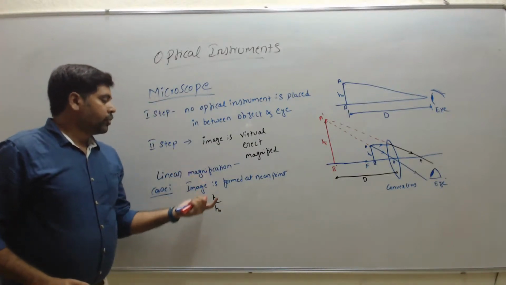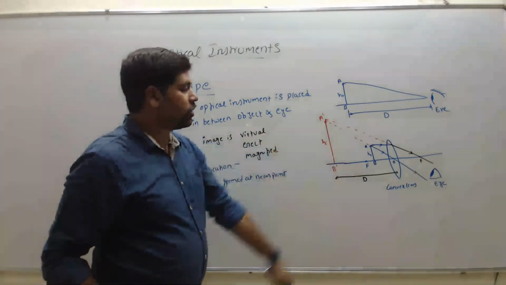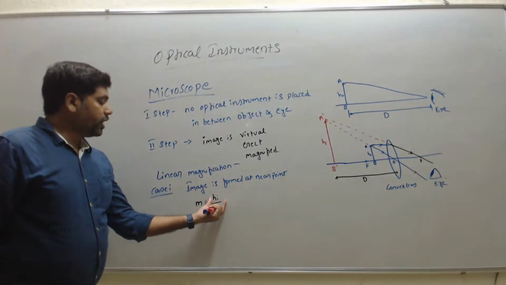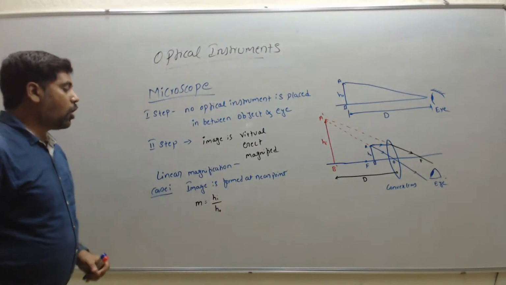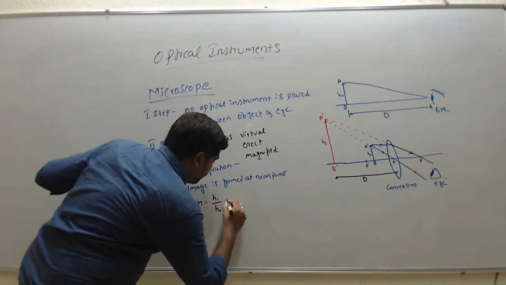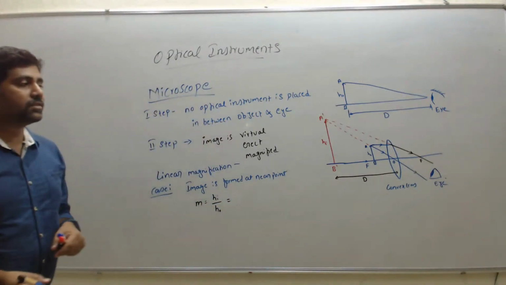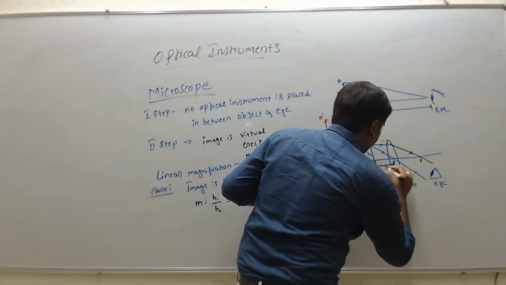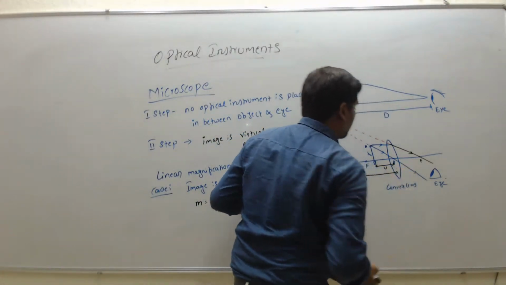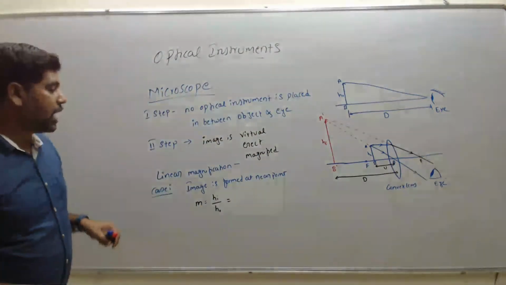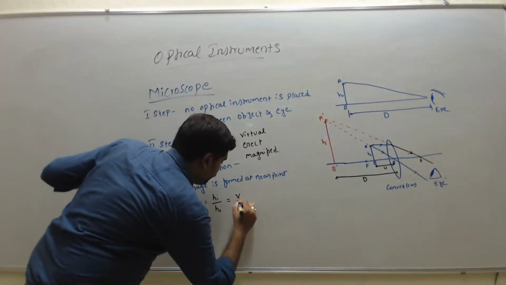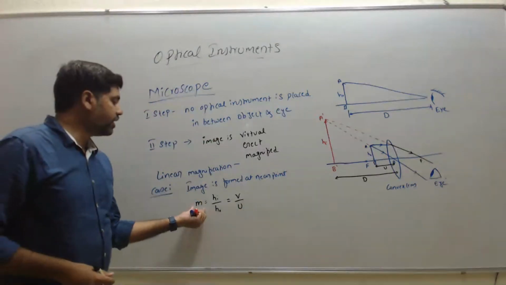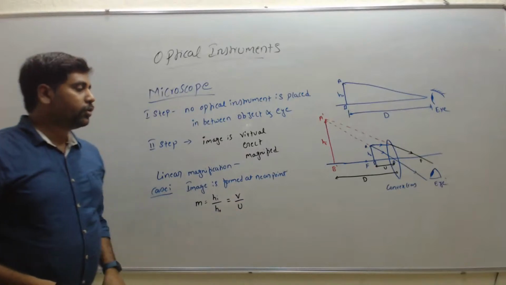We know that the magnification of the lens M is equal to the ratio of the size of the image to the size of the object. In terms of object distance and image distance, it becomes V divided by U. So magnification can be written as V divided by U.